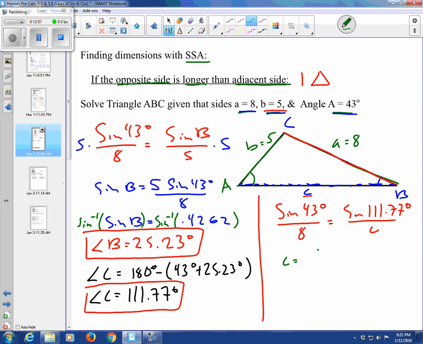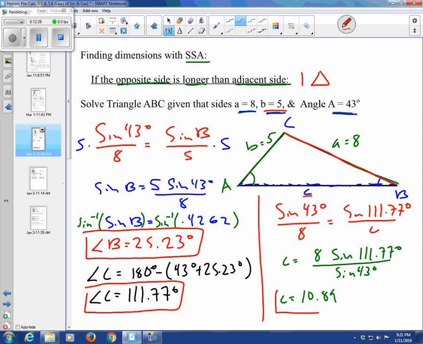So C is going to be 8 sine of 111.77 degrees over sine of 43 degrees, and that's going to give us side little c as being of length 10.89.